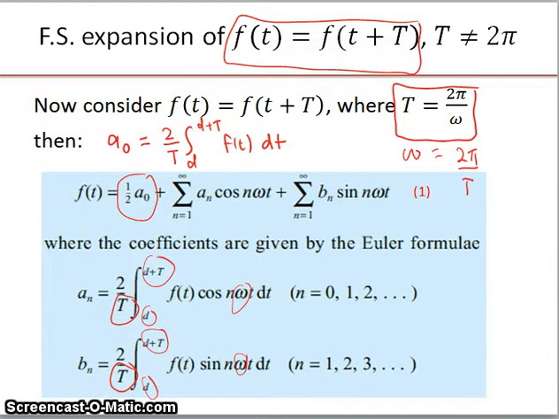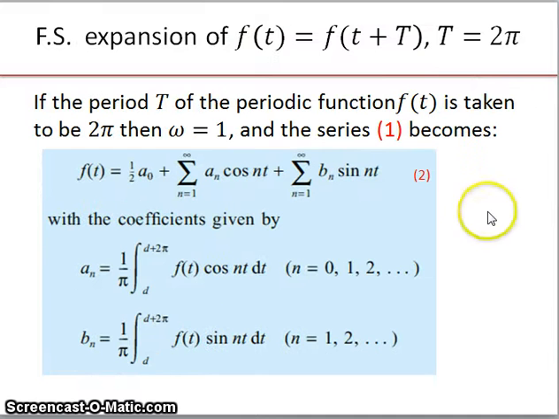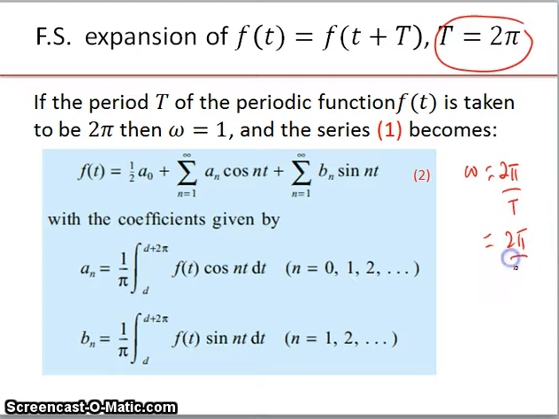Now if we consider another case where the periodic function has a period of T equals 2 pi, then we can take note that omega equals 2 pi over T. And when T equals 2 pi, we have 2 pi over 2 pi, resulting in omega equals 1.